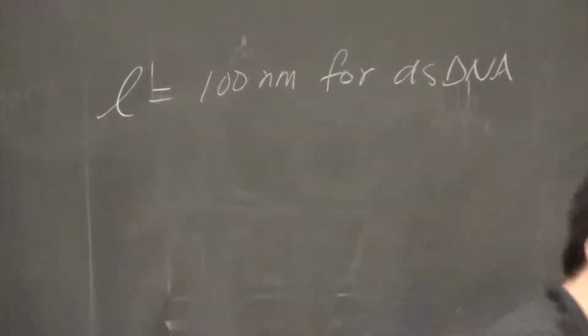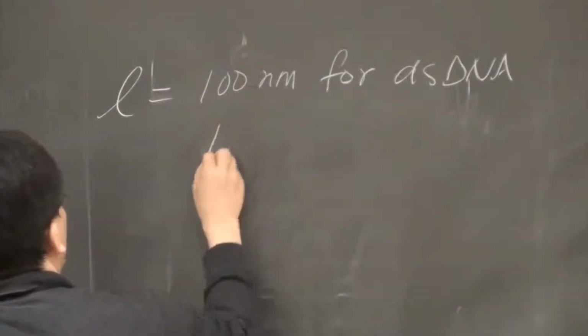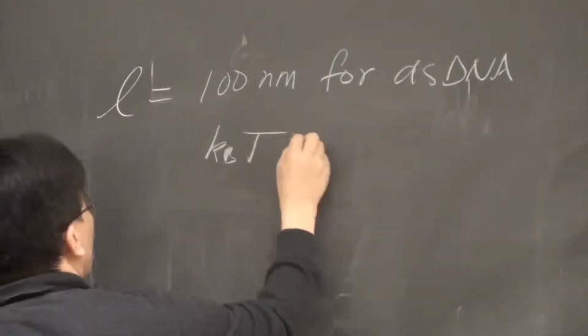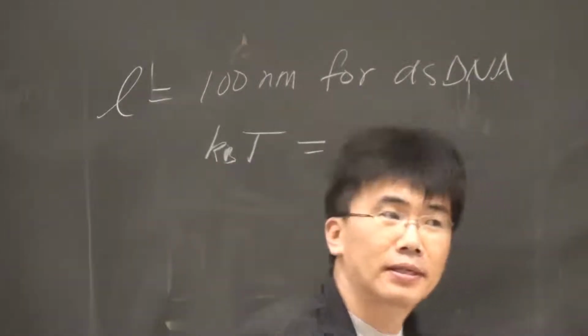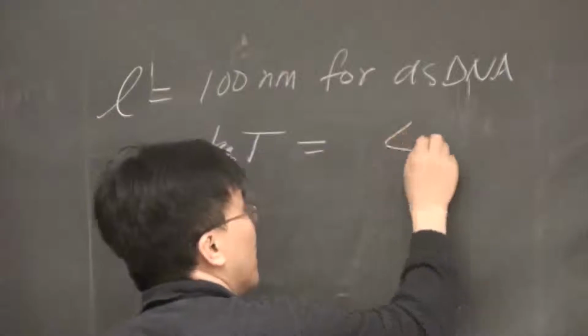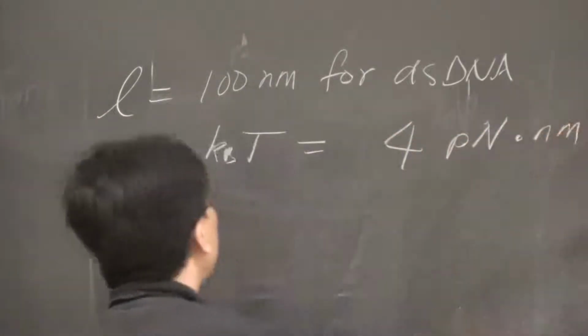So double-strand DNA, the relevant length scale here, the persistence length, is 100 nanometers. That's just based on many different kinds of experiments. And kT can be written as a nanometer times piconewton, right? So that was 4 piconewton nanometer.